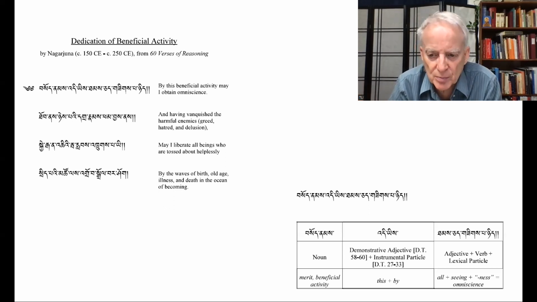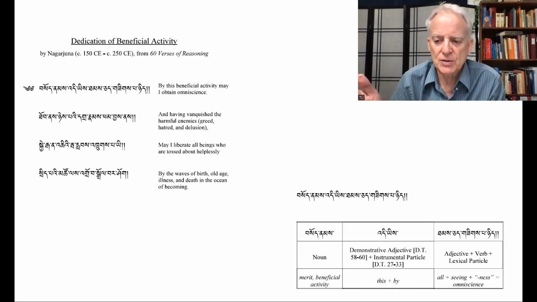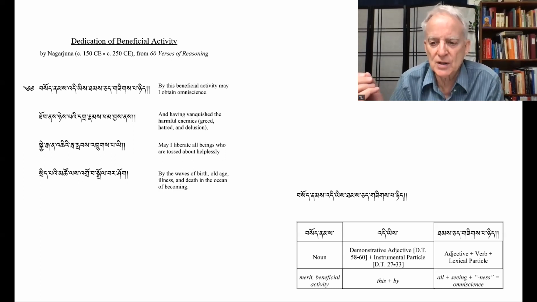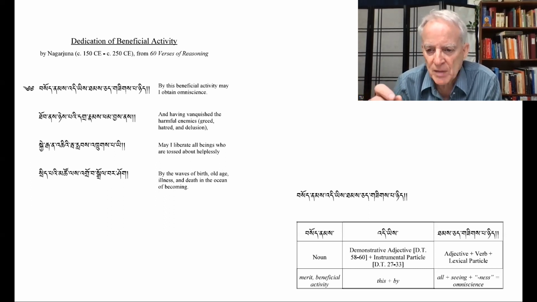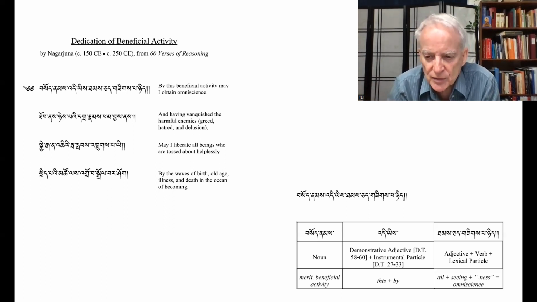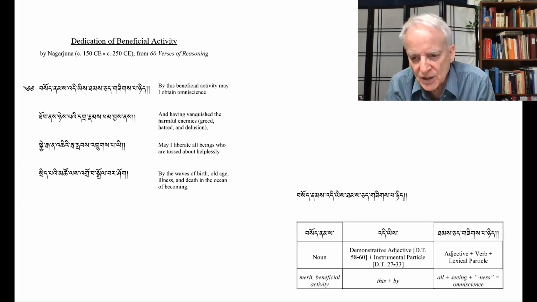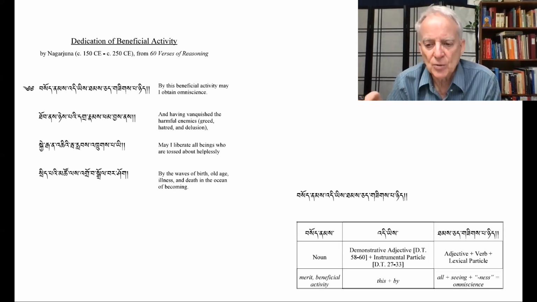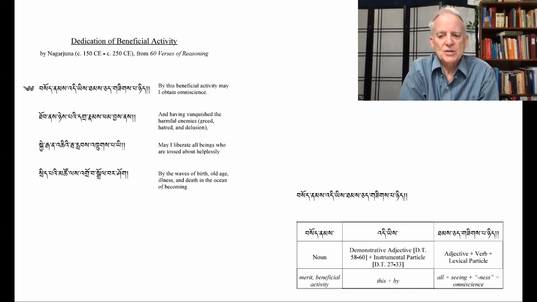That's a word-making particle or a lexical particle that can be translated into English with the English suffix ness. So it makes an abstract noun very often. Okay, so then we've got the concept of all with the concept of seeing with the concept of ness. So all-seeingness, we could translate that as omniscience.